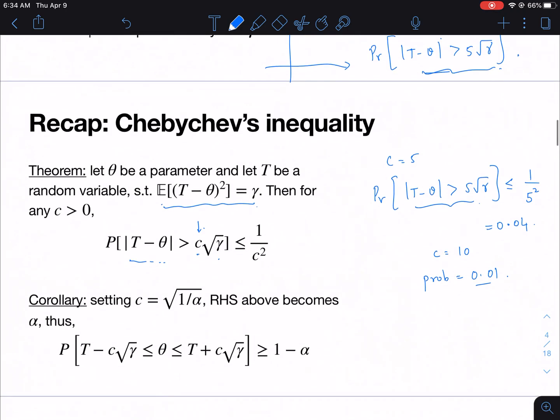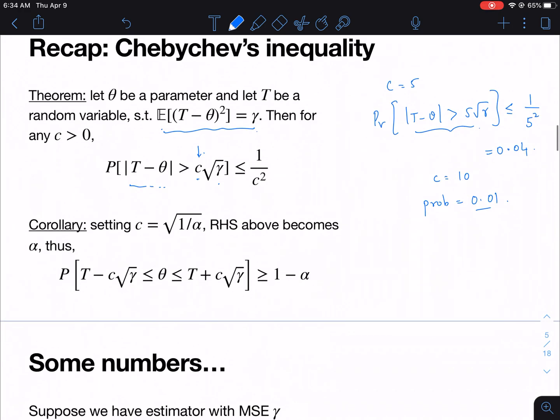So why is this relevant? If you plug in c equals root of 1 by alpha, this ensures that 1 by c squared is equal to alpha. Then the probability that |t minus theta| is more than c times root gamma is less than or equal to alpha.